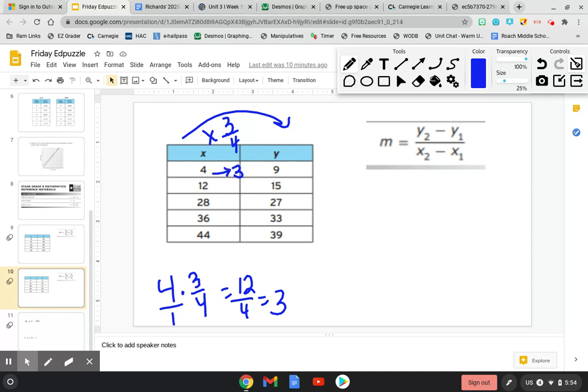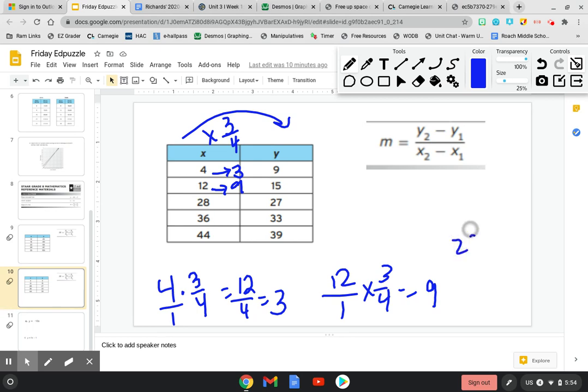Like, I just did it and I got 3. I didn't get 6. I'm sorry, I didn't get 9. So when I'm doing it next, just to check, 12 times 3/4 is going to be 9. So I got 9 here. I did not get 15.